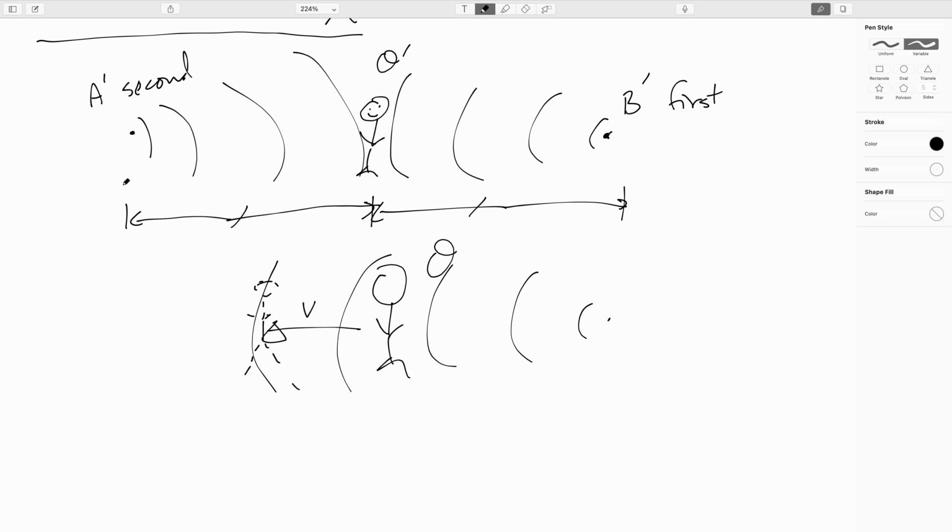Meanwhile, since you were running towards A, that light didn't have to travel as far. And it just so happened to work out, I would conclude, that although B had a head start, the fact that you're running away from B was perfectly canceled out, and so the two flashes of light got to your eyes at the same time.